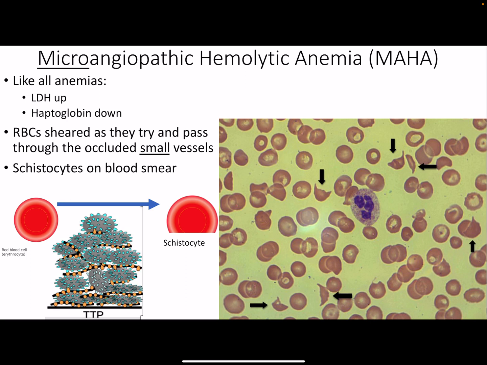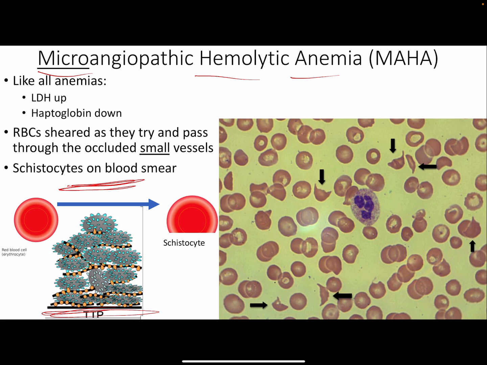Okay, so what is MAHA? Whenever we have a thrombus of a small vessel, basically like a capillary, this is going to be MAHA. Notice that it is a micro, so that's the small blood vessel, and then hemolytic anemia because the red blood cells are going to break. So if this is let's say our blood, that's an endothelial cell and that's an endothelial cell.